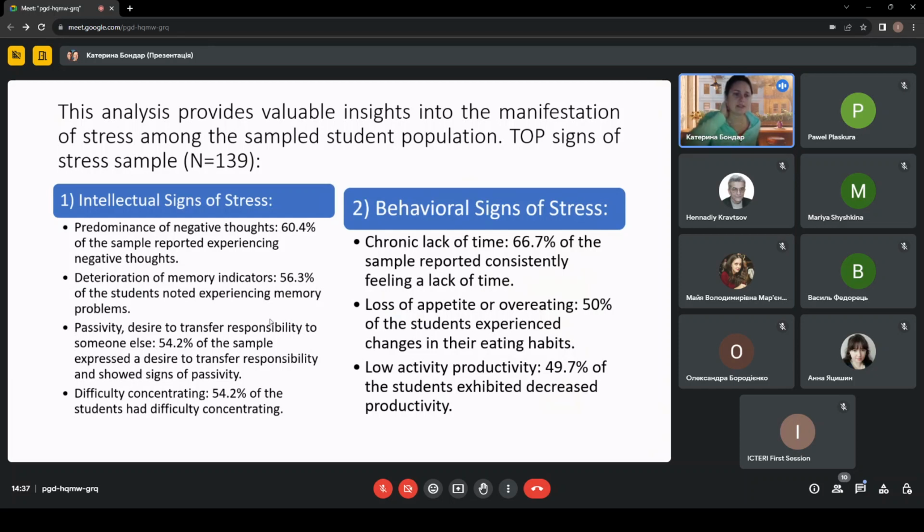Lastly, it was their passivity and desire to transfer responsibility to someone else, and that is why students focus on the professor and skip group communication. It's not a good result, especially for psychologists, because they focus on personal communication, and we need to train these skills as professional hard skills.